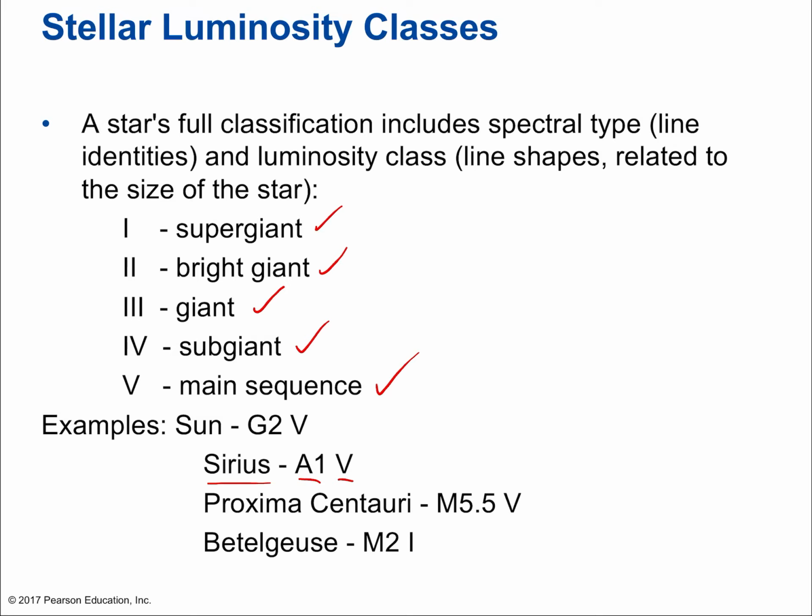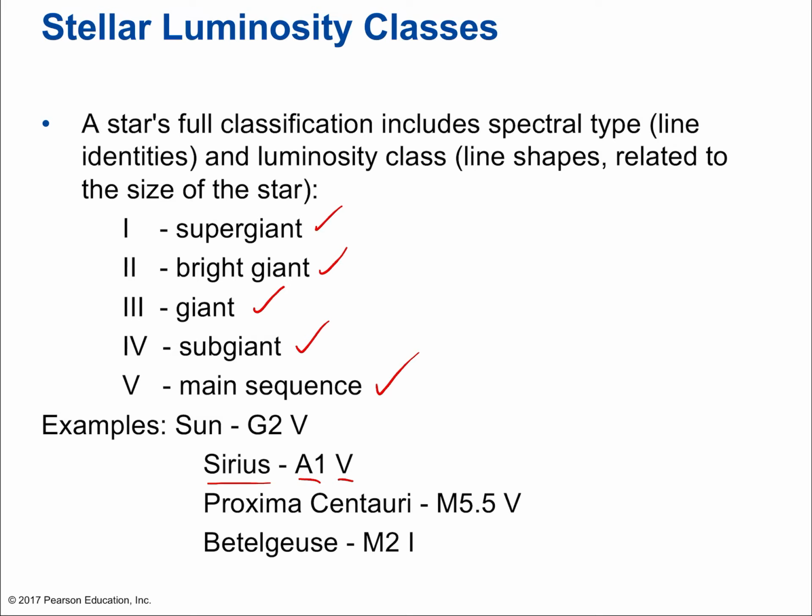Because it's an A based on its temperature, it's 1 based on its absorption lines, and it's V because it's a main sequence star. You read that as A1, Roman numeral 5. However you want to say it.